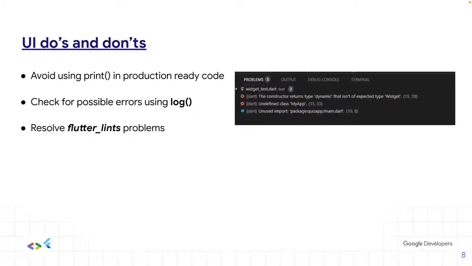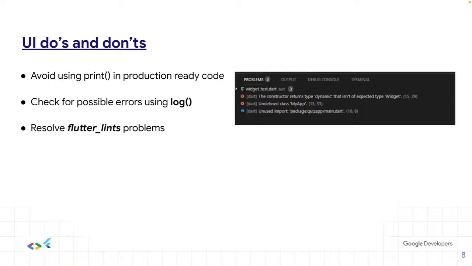But I have personally stopped using print because in production ready code, it can sometimes log some sensitive information, which isn't very ideal, right? So we can use something called log. Log will do exactly the same, but it is not going to log out sensitive information. In the same way, I can use the log and it is going to print messages in the debug console.